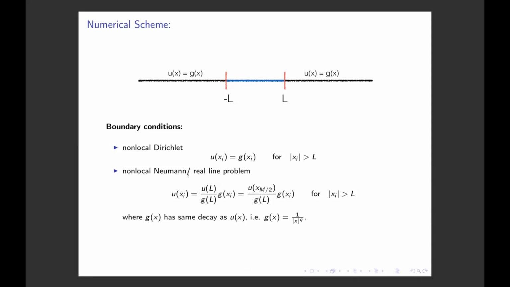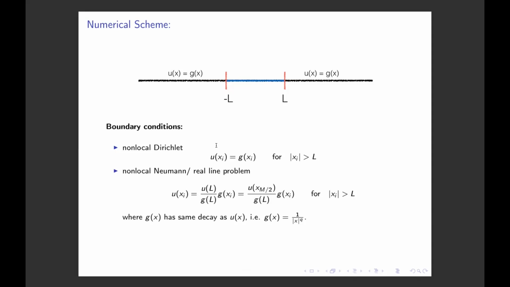In the nonlocal Neumann problem, or the realigned problem, you're saying, I don't know exactly what u is outside in this part of the domain, but I can approximate it as a function that has the correct decay, or at least the worst case scenario for the decay. So if you know that your source term decays as 1 over x to the fourth, then you're approximating your solution as 1 over x squared. And that turns out to give you enough information to get a scheme that is more accurate than assuming, for example, nonlocal Dirichlet boundary conditions.